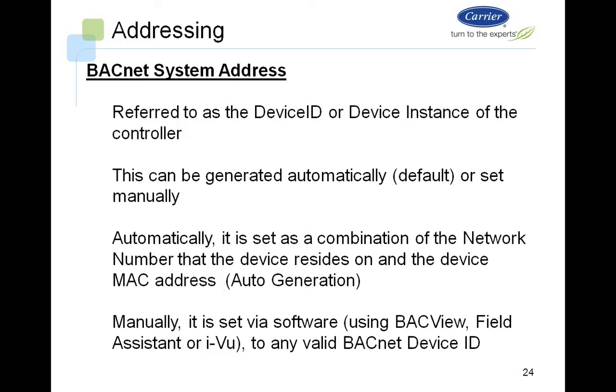When it's generated automatically, it is generated as a combination of the network number that the controller resides on and the MAC address. If you choose to set it manually, you would need to do it through software using BACview, Field Assistant, or iView, and you can set it to any valid BACnet device ID, which is the range of 1 to 4 million and some, 128,000 and some number.